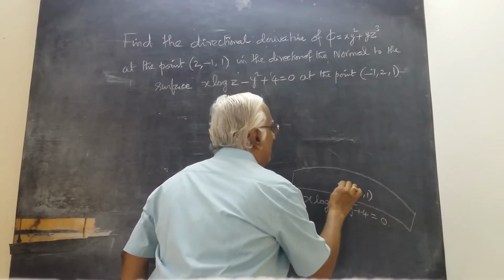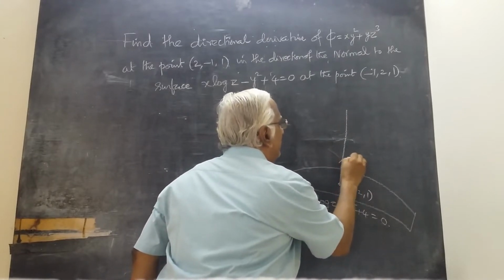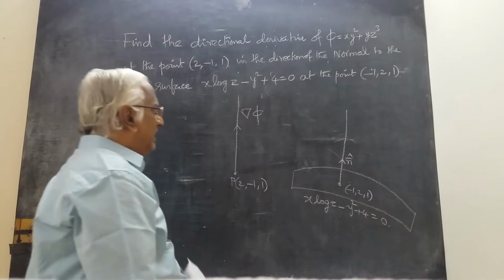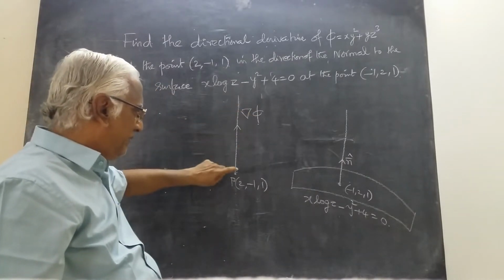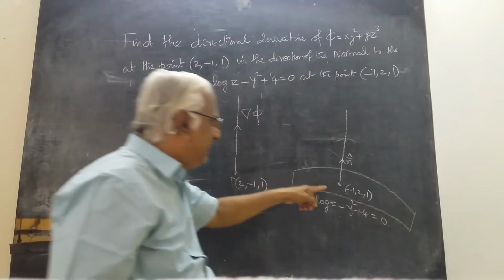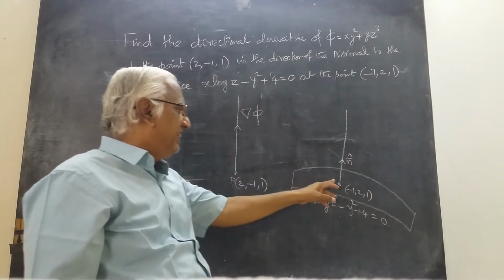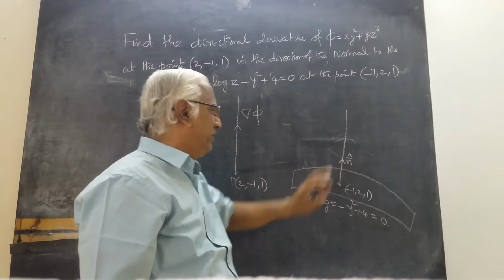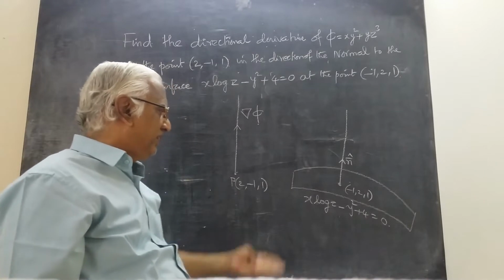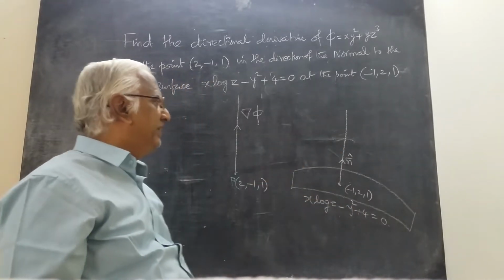Here you draw the normal, and for the normal you find the unit vector. If you want the direction of the normal, take a unit normal. You know the surface, you know the point, so you know how to find the unit normal.